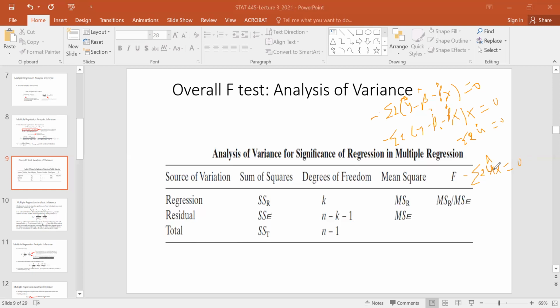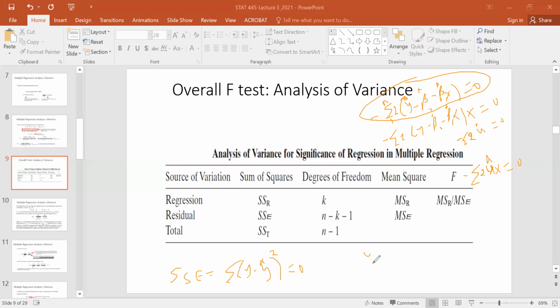So here also we can take it from the first one alone, i equals 1 to n. You are summing u hat equals 0. So the idea here is that SSE itself looks like this: y minus y hat squared.